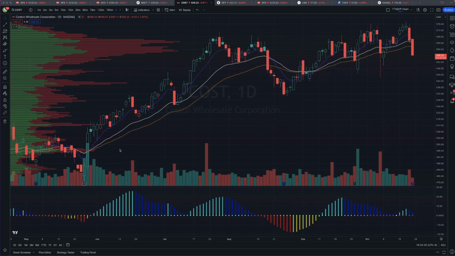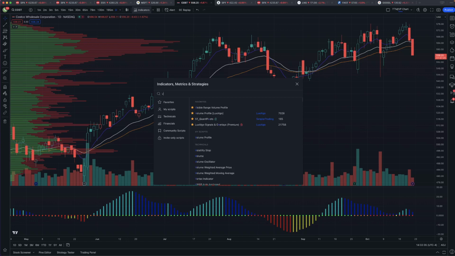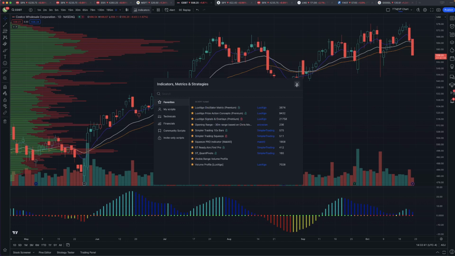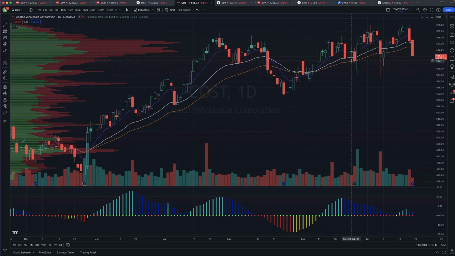The volume indicator on the left side of my charts is called a visible range volume profile. You can just type in VRVP if you have TradingView.